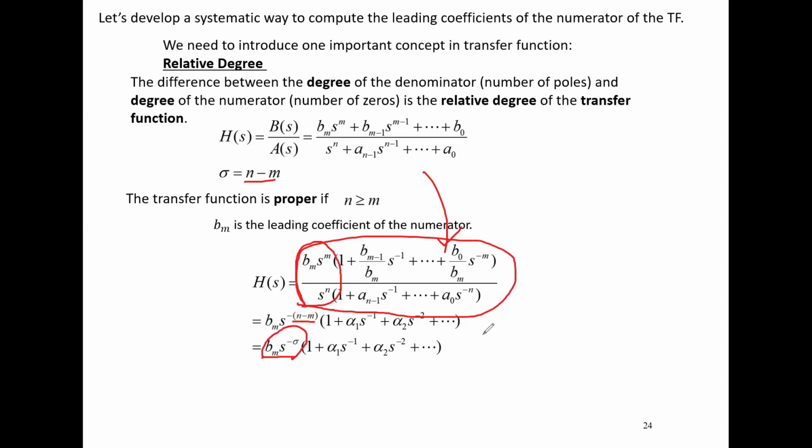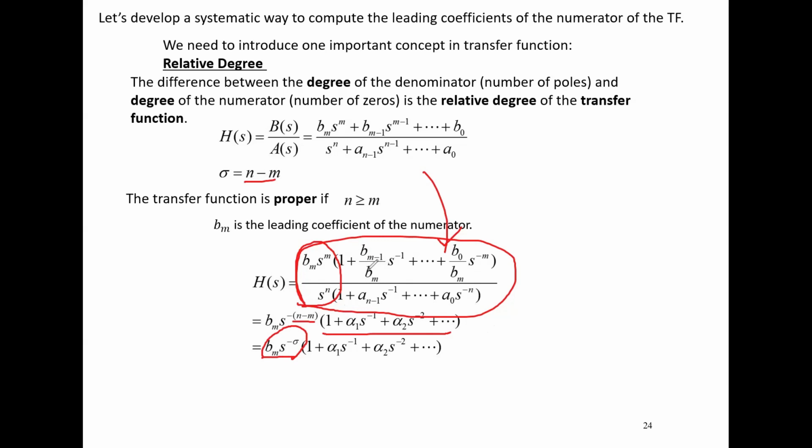But of course, what is not clear is this term. That may not be very obvious to you. This is the original transfer function.